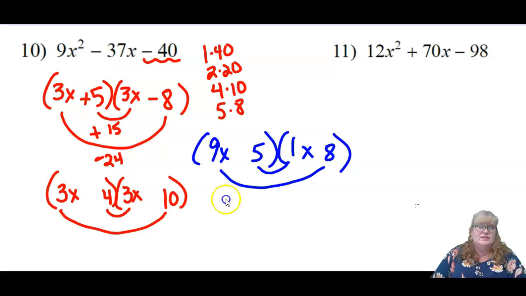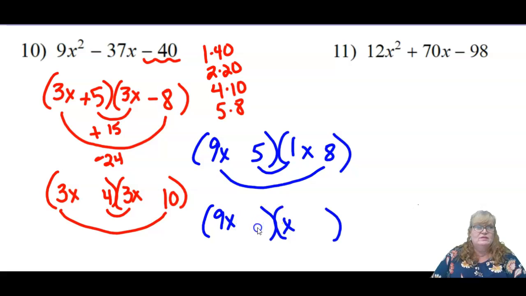That's not going to make 37. Oh, we got a tricky one here. 10 and 4, 2 and 10. I'm sorry, 2 and 20, 1 and 40.